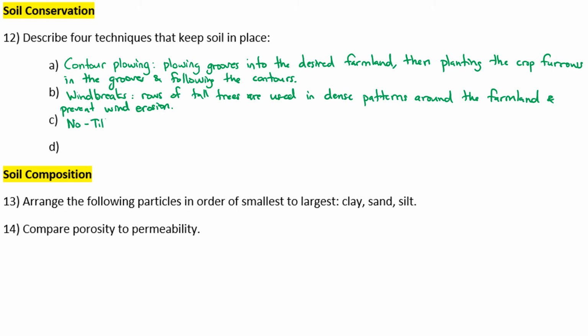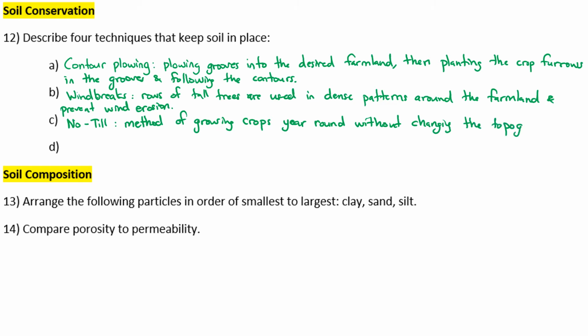No-till is a method of growing crops year-round without changing the topography of the soil by tilling or contouring. And then cover crops.